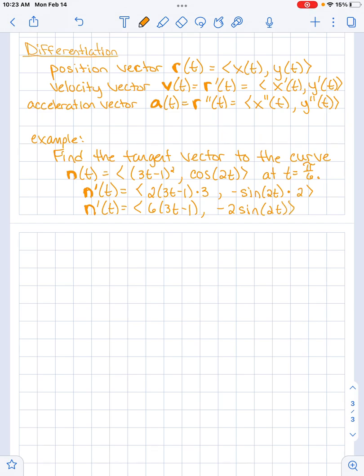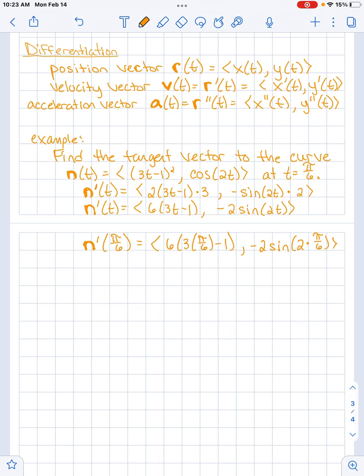But the question said find the velocity vector at t equals pi over 6. So I'm going to replace t with pi over 6 to find the velocity vector that we were looking for. So that's 6 times 3 times pi over 6 minus 1, and then negative 2 times the sine of 2 times pi over 6.